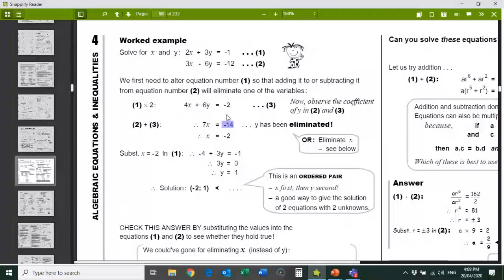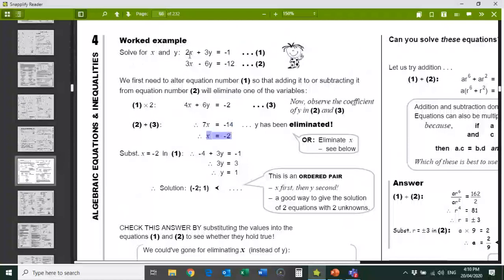Now again, like we said in all the previous lessons, I want to get x alone, and how do I do that? Well, basically, all I do is I'm going to divide by 7, so x is equal to -2. Okay, that's fairly easy. Now I can decide with this x of -2 where I want to substitute it in.